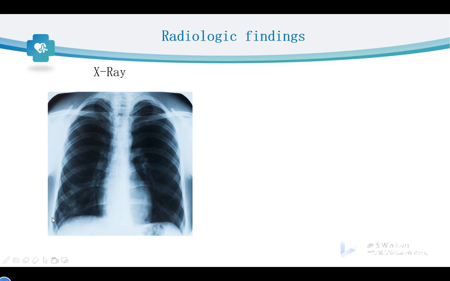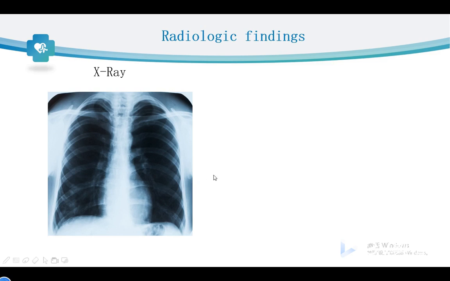The first abnormal sign is about the level of the diaphragm. The level of the diaphragm is decreased compared to normal people, and the density of both lungs also decreased too.